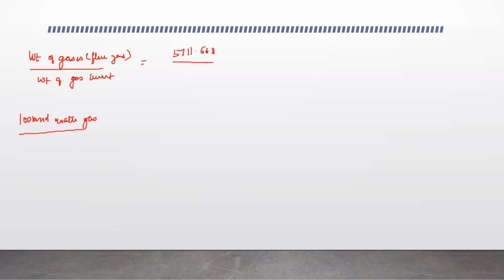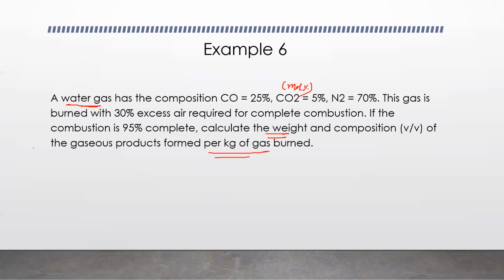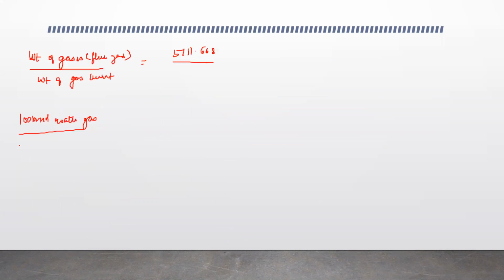Now, water gas contains 25% carbon monoxide, carbon dioxide is 5%, and nitrogen is 70%. This is mole percent. So from here, we can get the average molecular weight of water gas, which is sigma xi Mi.